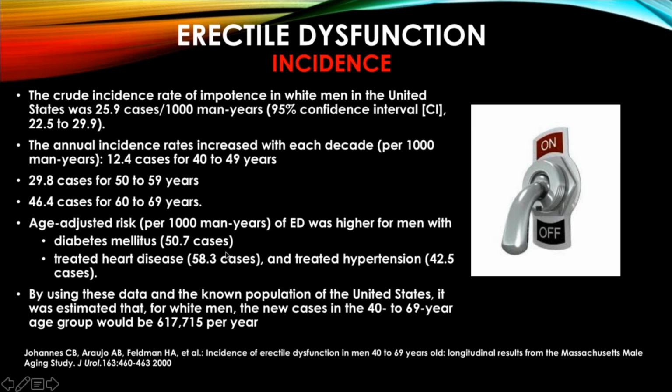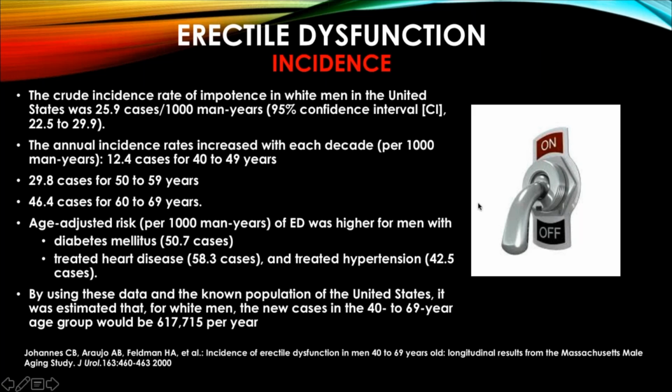Now, if you have other risk factors for erectile dysfunction other than age, such as diabetes, hypertension, heart disease, coronary artery disease, or peripheral artery disease, this increases the risk. So if you're 50 years old and you have diabetes, your risk is about 50.7%. So 1 out of 2. And many of these patients are being impacted terribly.